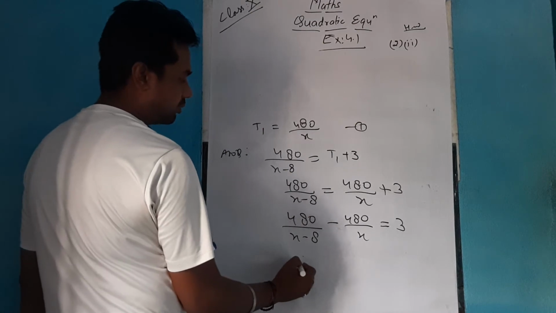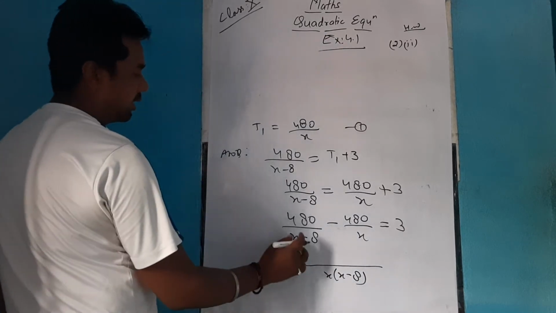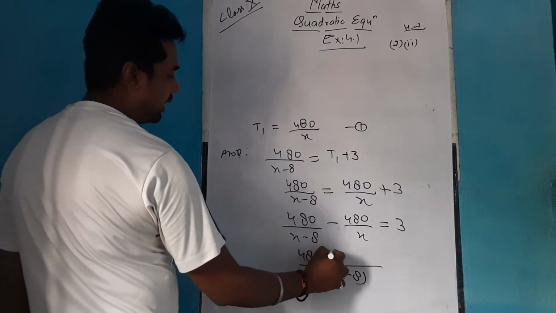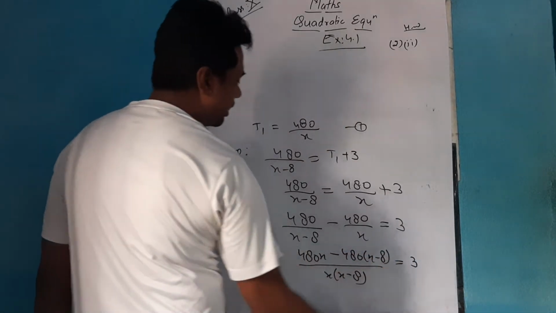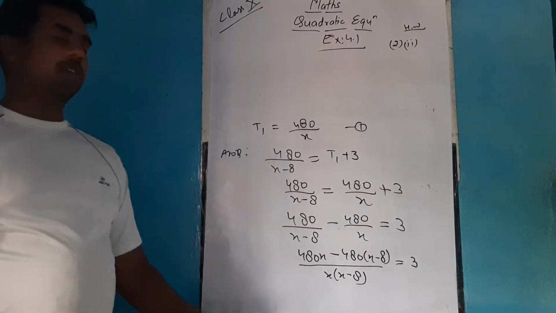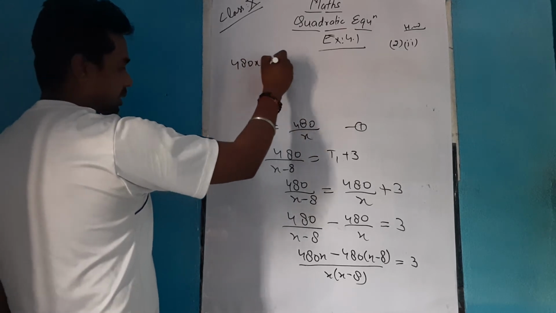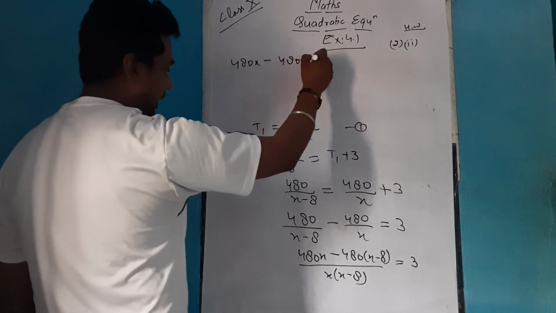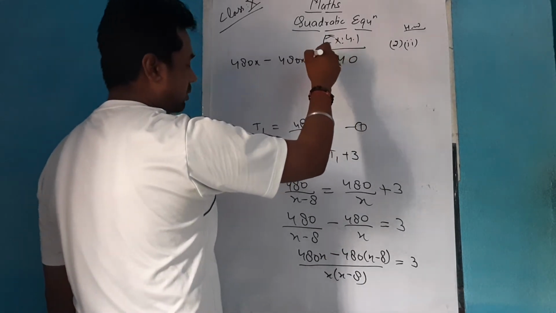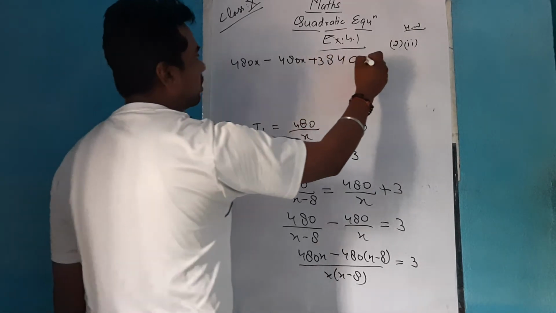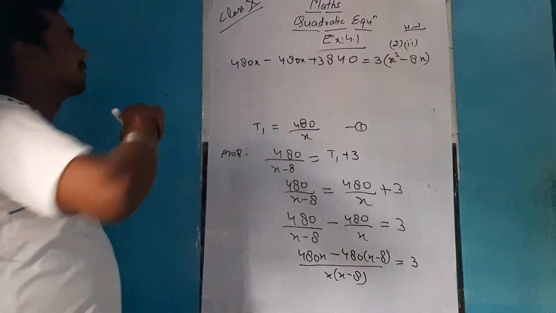So here, when you take the LCM, x times x minus 8, that becomes 480x minus 480 times x minus 8 equals 3 times x times x minus 8. Now we will simplify: 480x minus 480x plus 3840 equals 3 times x square minus 8x.